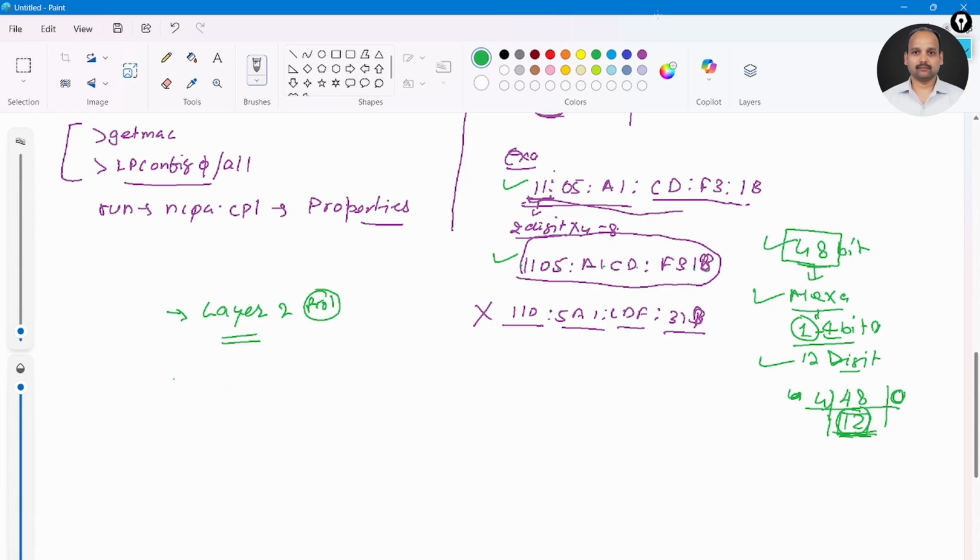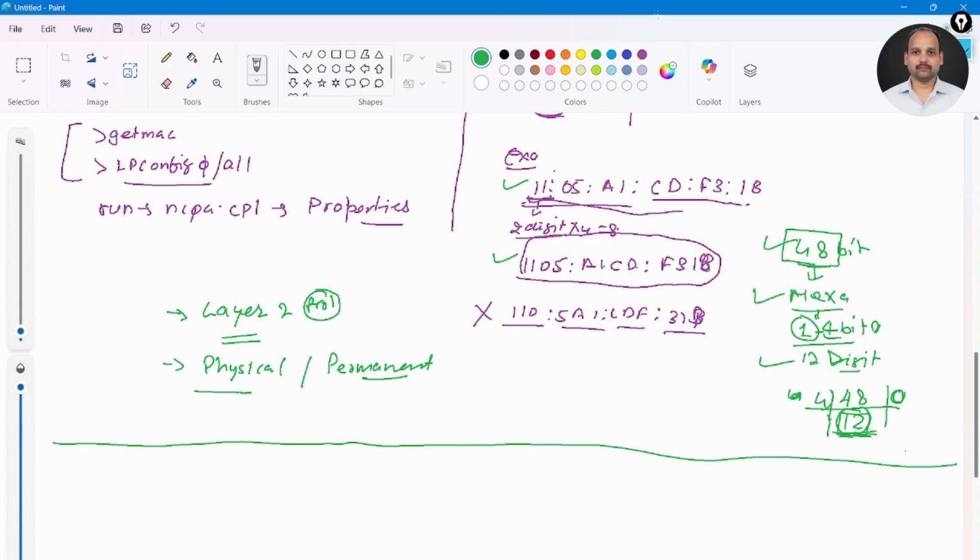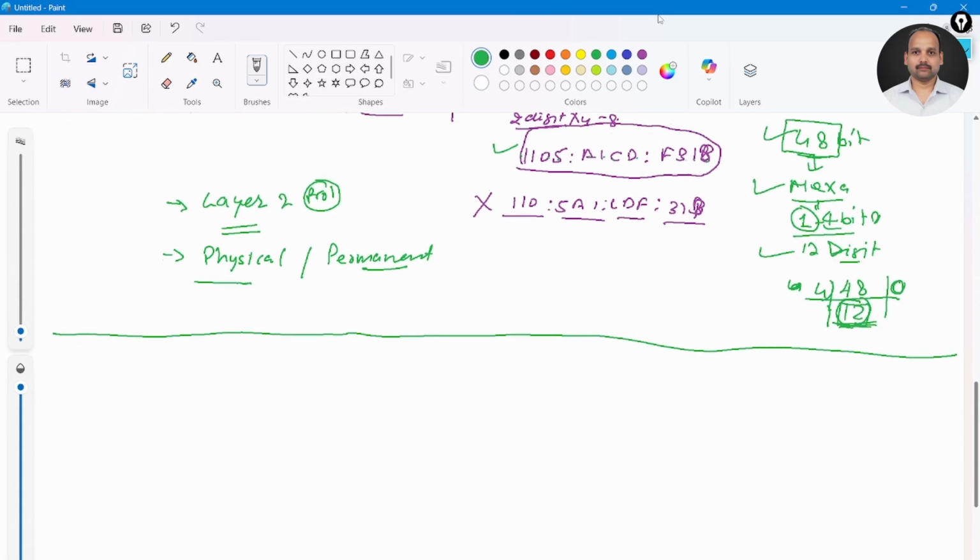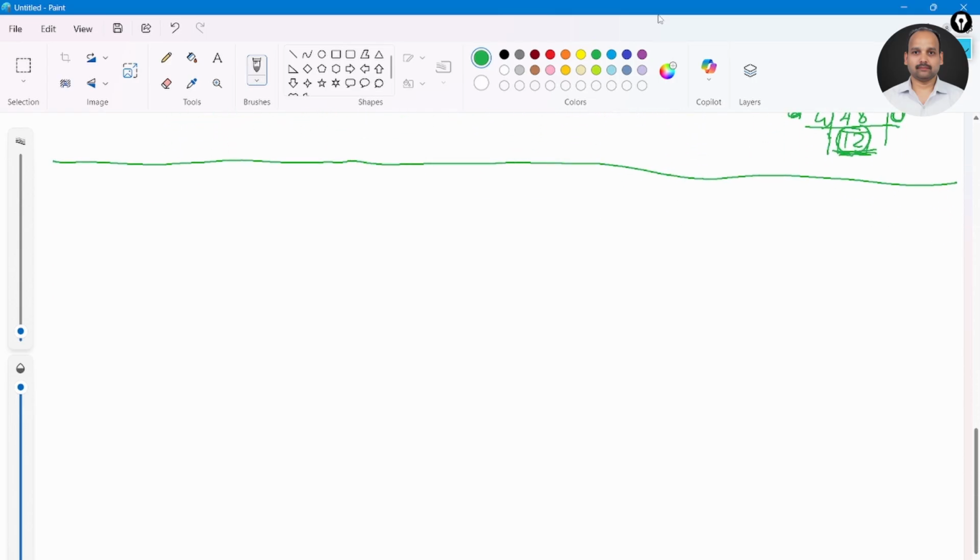The MAC address is also called the physical address, or sometimes people say permanent address. You have to remember what the MAC address is, what the physical address is, which layer it works on, and how many bits and digits it has.